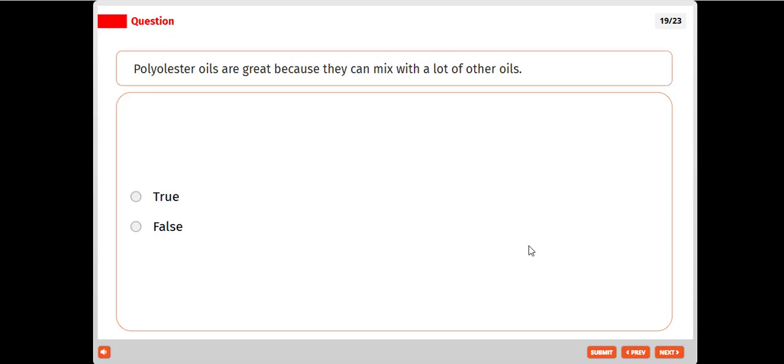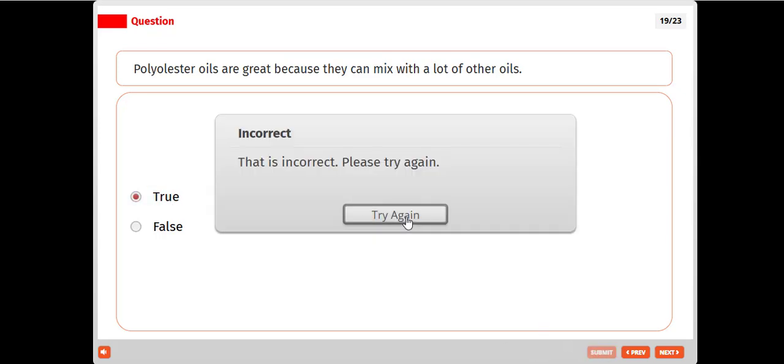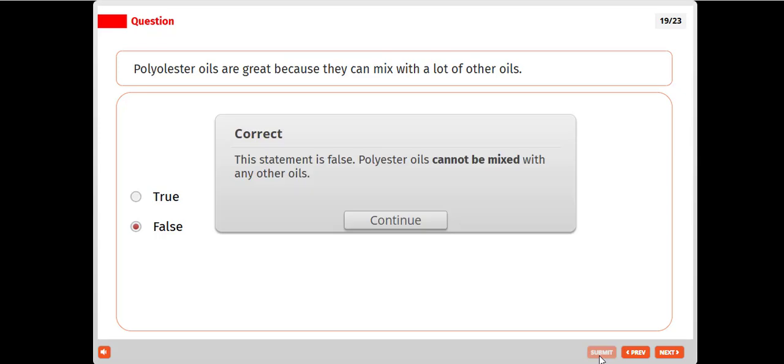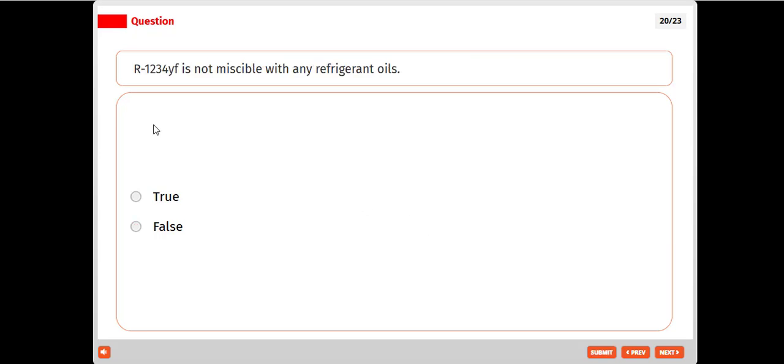Polyester oils are great because they can mix with a lot of oils. False. Polyester oil cannot mix with any other oil. R1234yf is not mixable with any refrigerant oil. I think it's true.